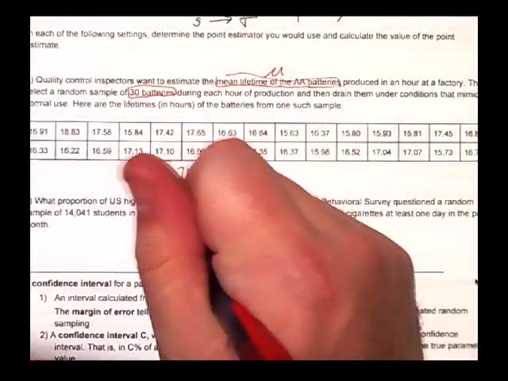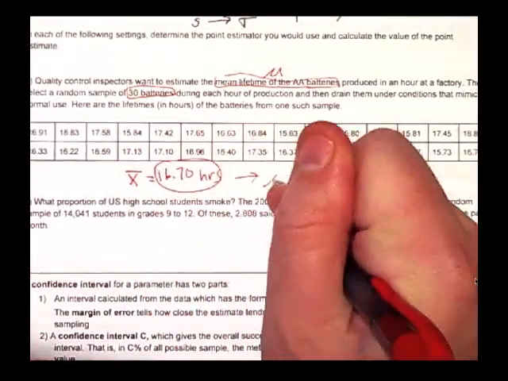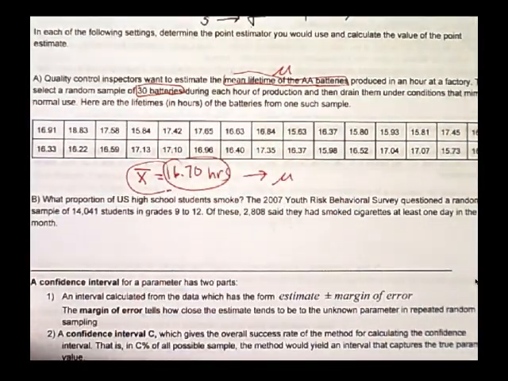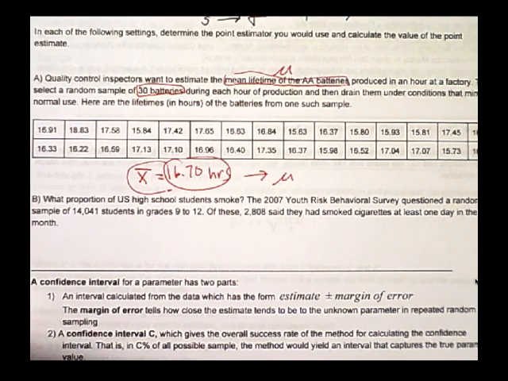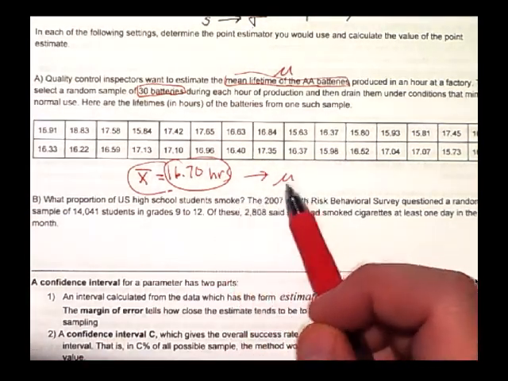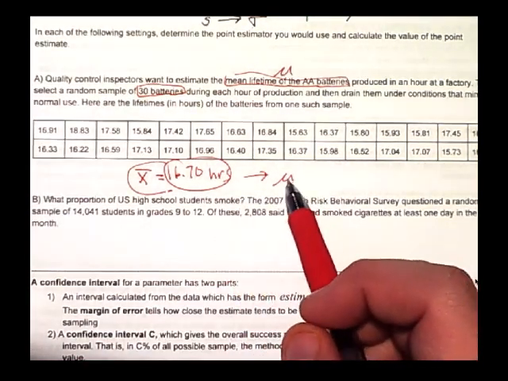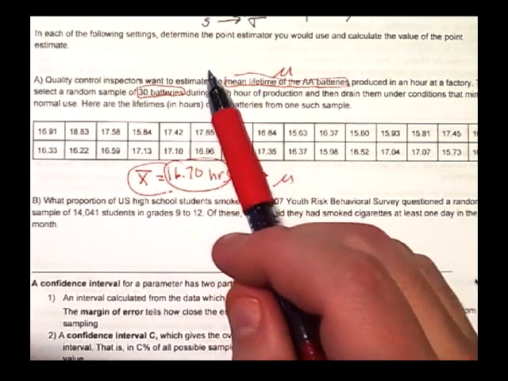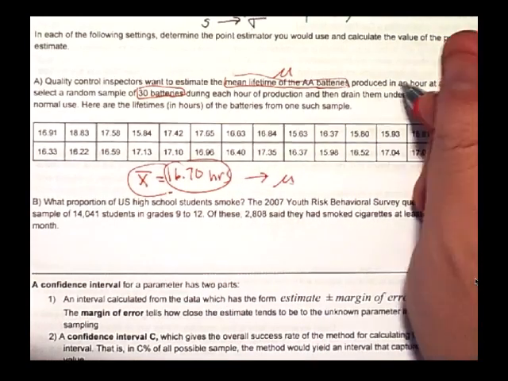So this is our best guess for what mu would equal because it's from a sample mean. That would be our best guess of the mean lifetime of the batteries coming off the production line that particular hour.